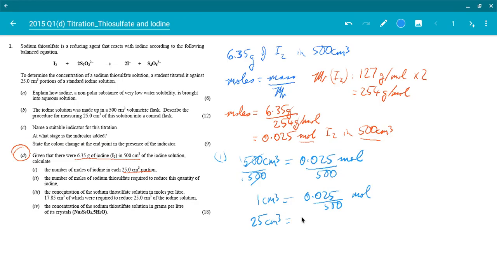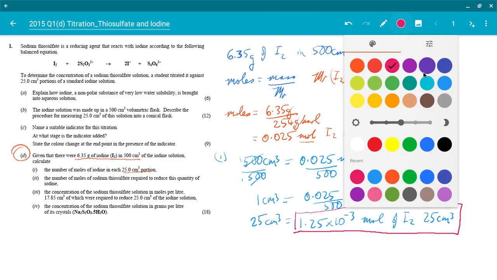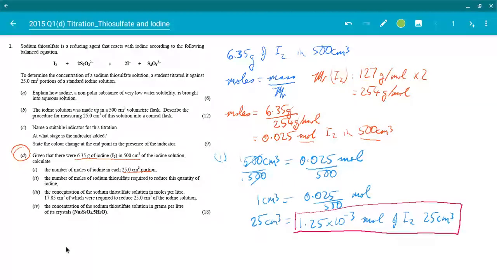So that times 25 gives me 1.25 times 10 to the minus 3 moles of I2 in 25 centimeters cubed. Okay, so it's good practice to box off your answer, because it's often a reference point for the next part where you're starting.